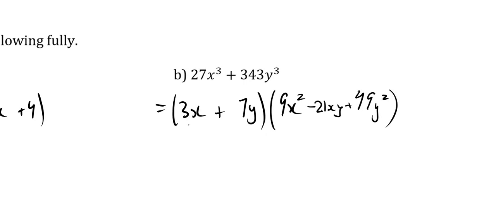Sorry, no, that's not right. 3 times 21, I'm going to have to work that out. So 63x squared y, and then this is also 63x squared y, and they have different signs, so they cancel out. It's not as obvious. You have to really think about it. It's not an easy check. You got to do some mental math, but yeah.